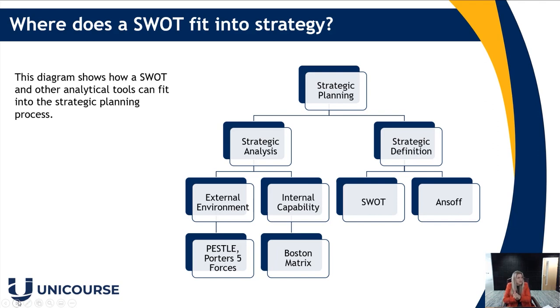But just think about, okay, we've got strategic planning. We're going to then look at analysing the current state and what the future state is going to be. And then we're going to define that strategy by putting clear goals and then linking those goals to SMART objectives, objectives that are specific, measurable, achievable, realistic and time bound.